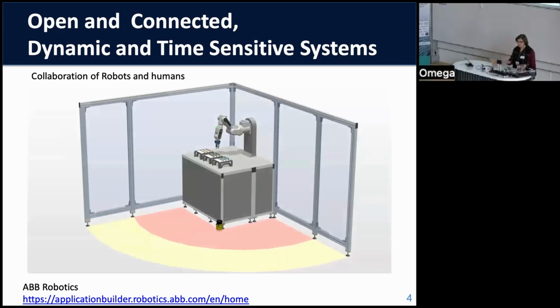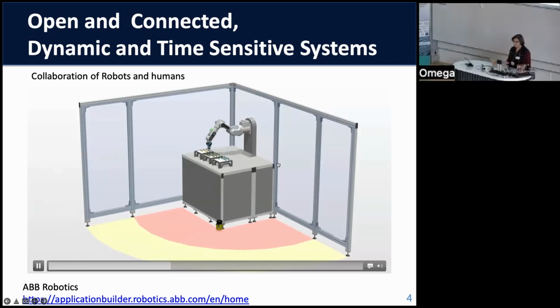This is another example, when we have a robot. This is an ABB robot arm. Here, the parameter that is added is the human being. So the robots are collaborating with humans. This lady comes close to the robot, and you can see that it slows down.